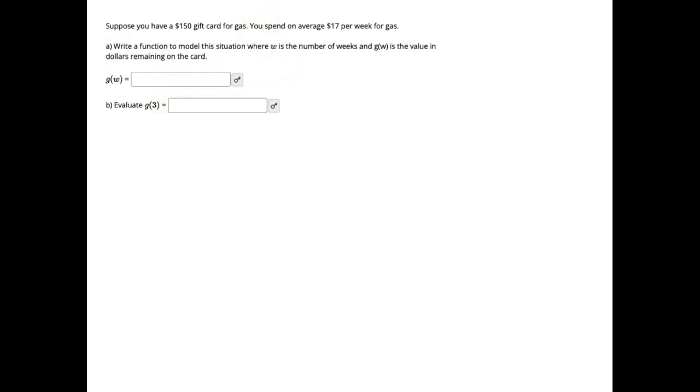All right, so let's keep in mind right here, they tell us that W is the number of weeks. So that's what we're going to be using in our equation for those number of weeks. Well, let's just think about in words, right? What are we talking about here? Well, we're starting with a gift card that's $150, right?